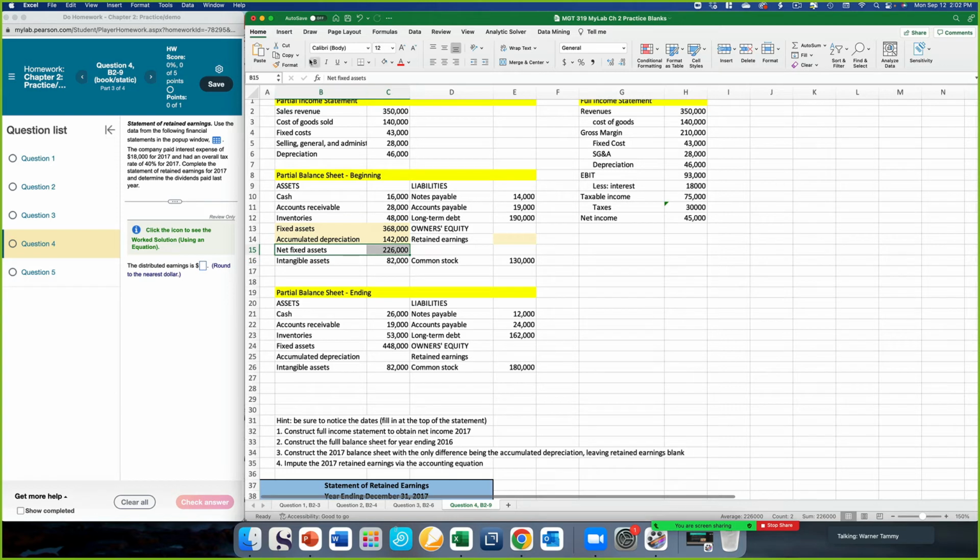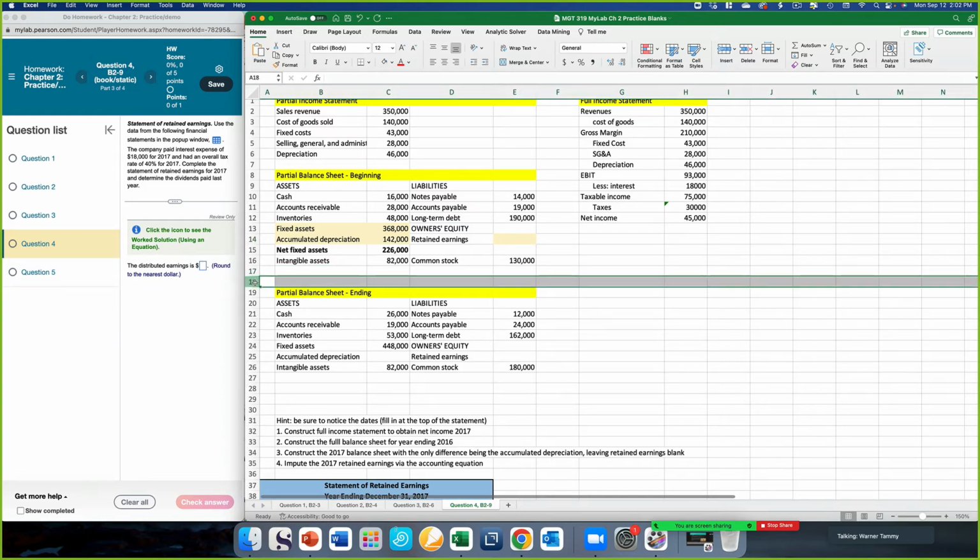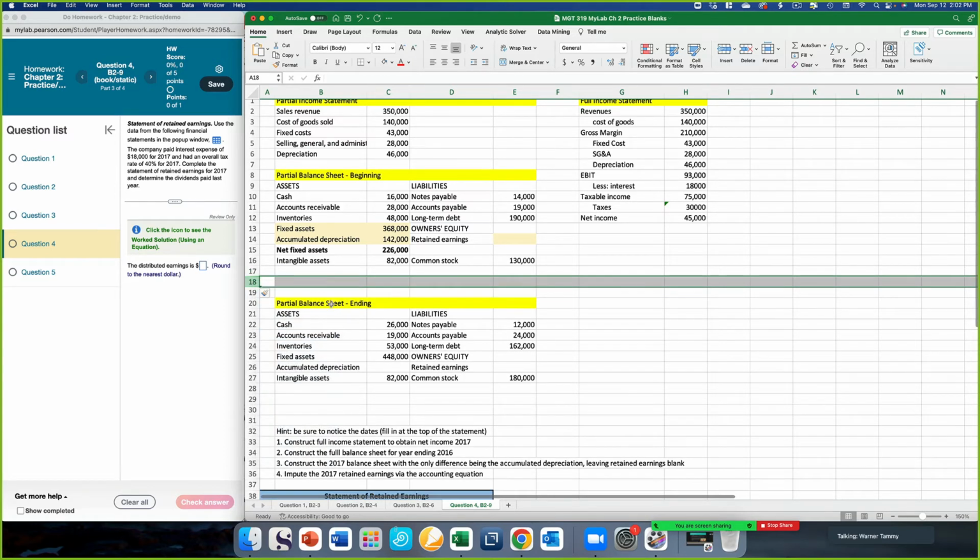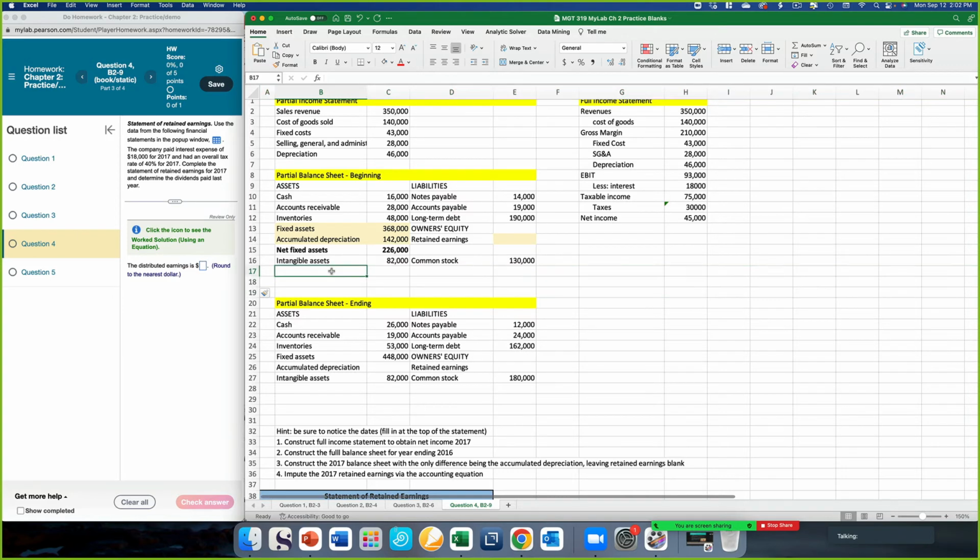Okay. And then the other thing is, we still don't know what our retained earnings are at the beginning. Okay. We have to back into it. This is a puzzle. I love puzzles. And we have to back into the retained earnings.